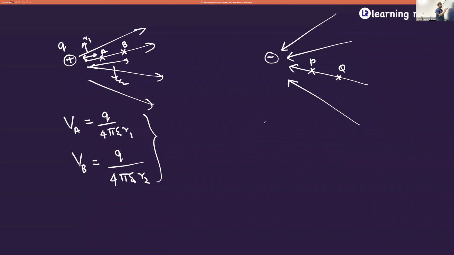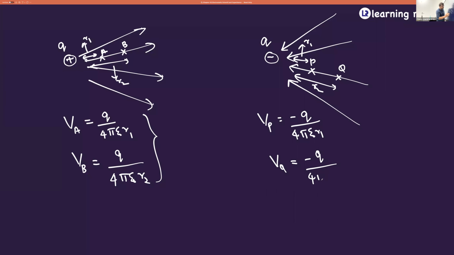What about the values here? VP will be equal to negative of Q. If I take the value to be Q here, let me say this distance is R1 and let me say this distance is R2. So minus Q divided by 4 pi epsilon naught R1. What about VQ? Minus Q divided by 4 pi epsilon naught R2. Clear? Now, what will be the relation between VA and VB? See, Q by 4 pi epsilon naught is common in both. 1 by R1 is there, 1 by R2 is there.